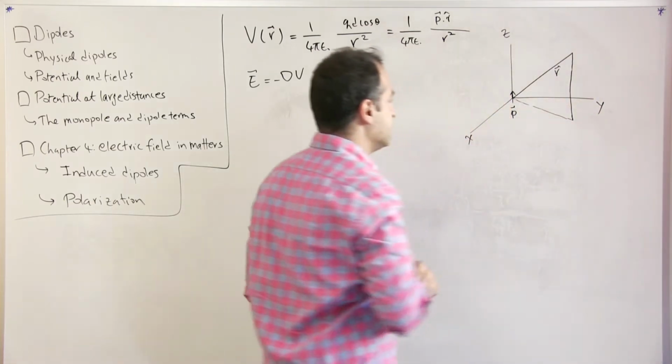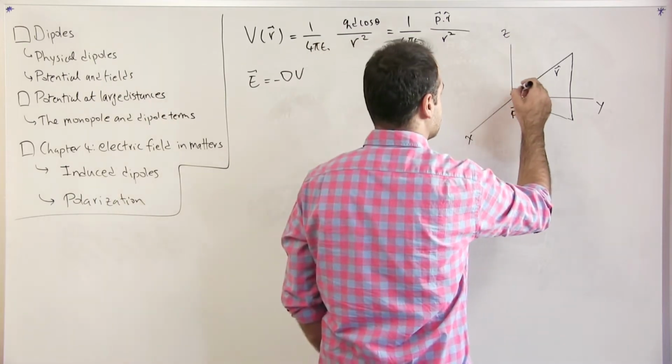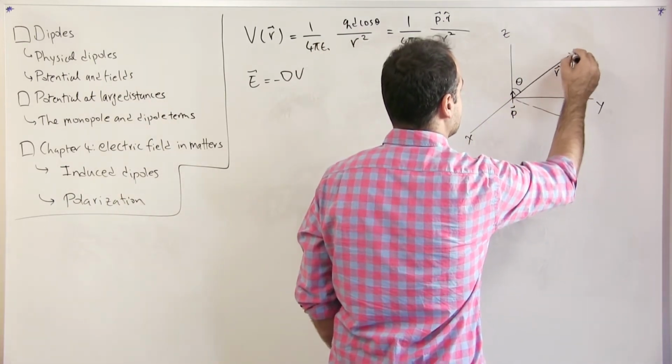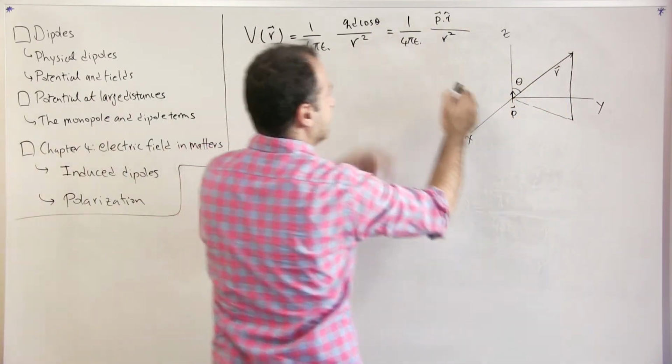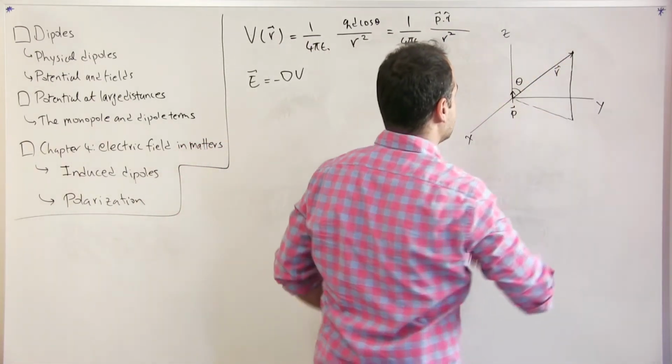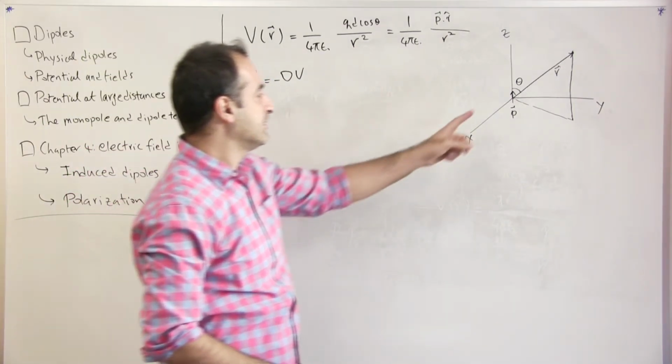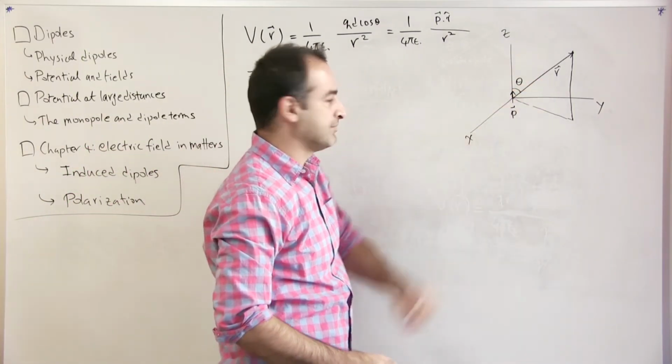This equation gives us the potential at this point. P is in the z hat direction, and theta is the angle between R and P, like this.